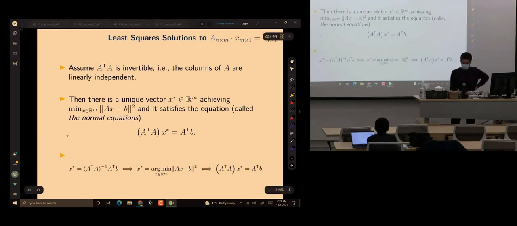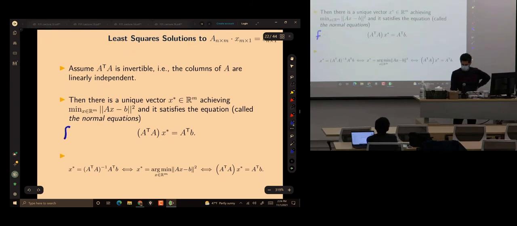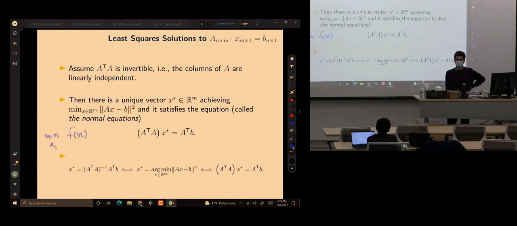If I have a function such as f, I can call this my objective function. When I say min, I mean minimize this objective function over variable x. Or you can write minimize.